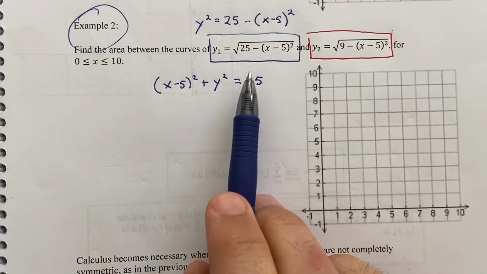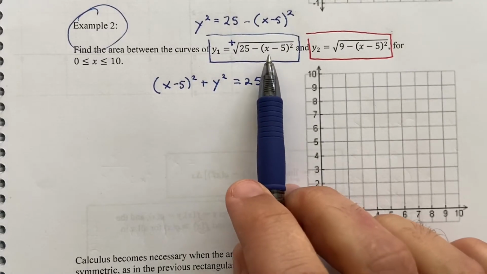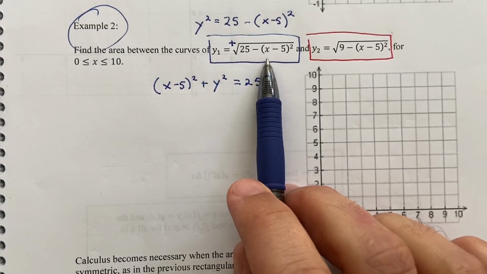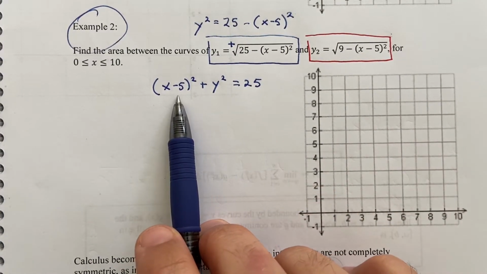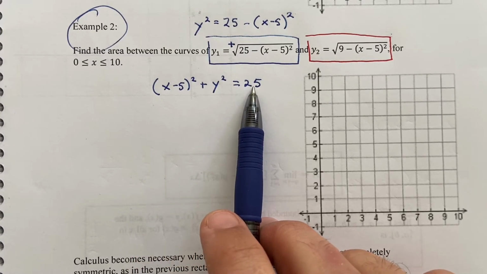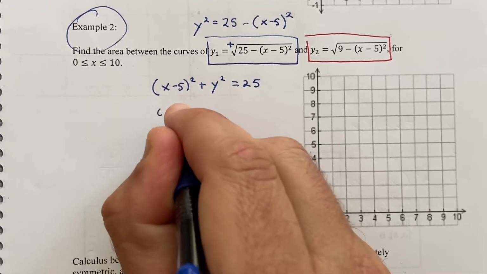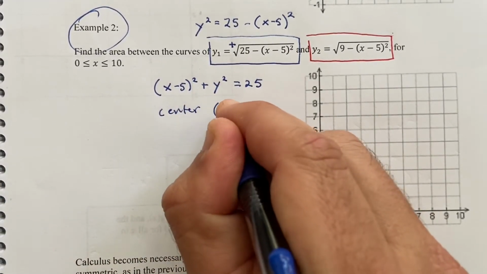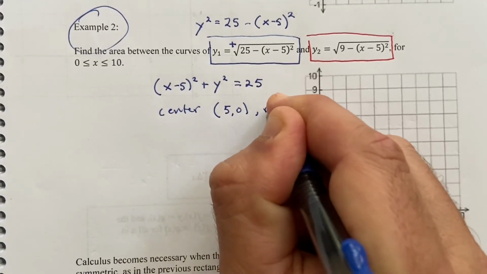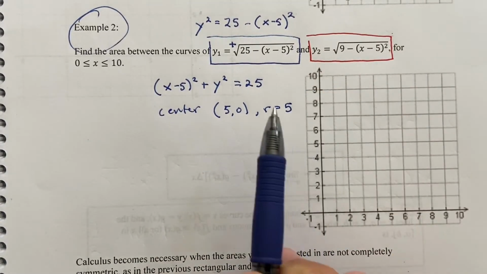Since there's only the plus side, this first one is actually the upper half of a circle centered at (5, 0) with radius 5. We would have a center here of (5, 0), and r equals 5, the square root of 25.